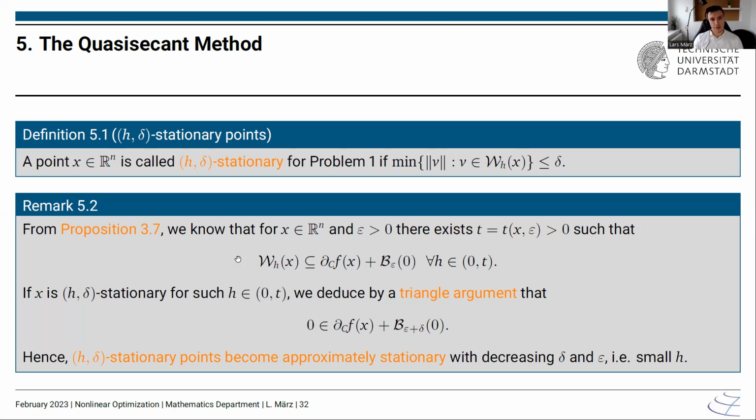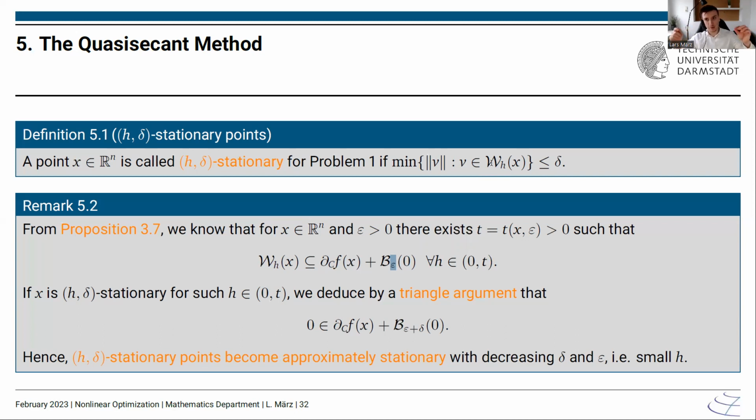So we know that WH is really similar to the Clarke subdifferential, and the difference is bounded by epsilon in some sense. And we know that the distance of WH to the origin is also at some point lower than delta.